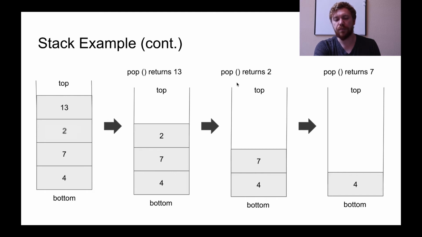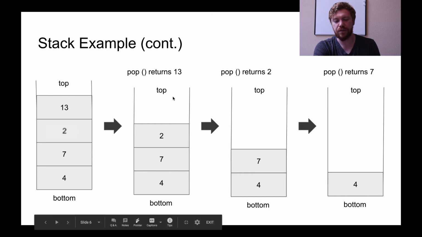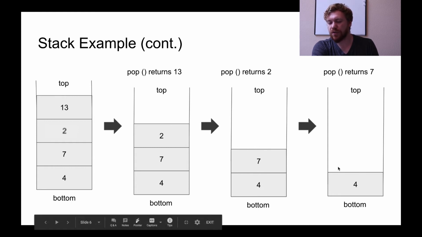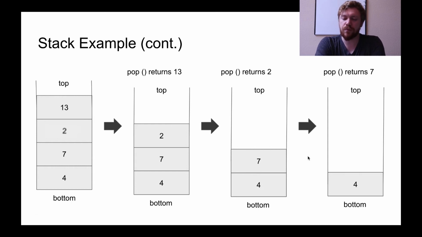Remember, this pop operation is referring to the remaining elements in this stack here. And so it will return 2, resulting in these elements remaining in the stack, the 4 and the 7. And then we run pop again, and then it will return the 7. And what remains is just the 4. And then, of course, if we ran pop again, it would return the 4. And then there would be nothing in the stack. And so this is conceptually how you can think of a stack working with data and elements.